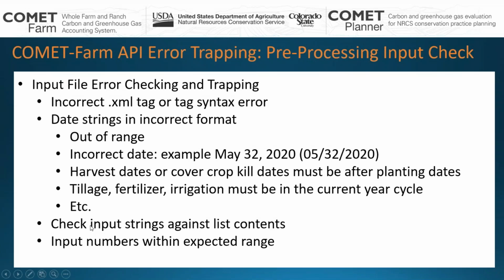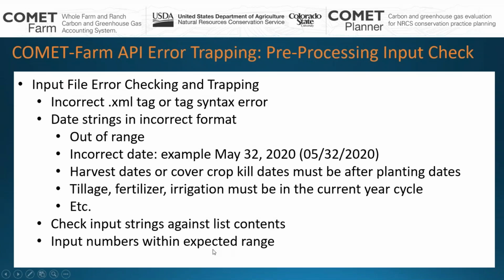In addition to this, we check the input strings that come in against list contents. There's a number of tags within the tool where there's an accepted set of lists. It could be as simple as yes or no, or it could be a list of crop rotation types that are valid for the county and region, for the historic crop period, or it may be from a list of actual crops that can be modeled, and the correct spelling for those crops within the system.